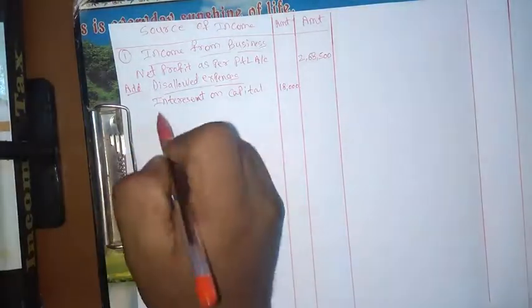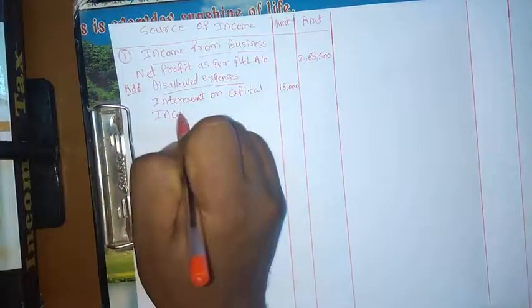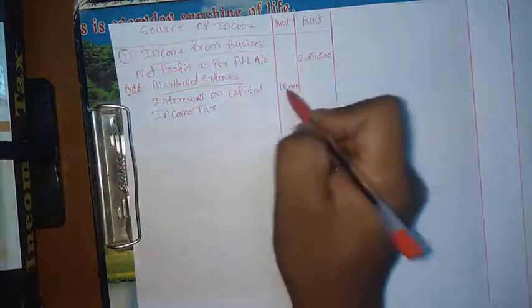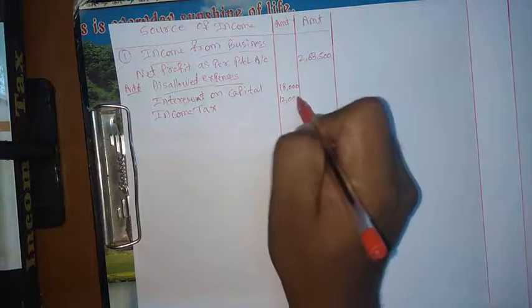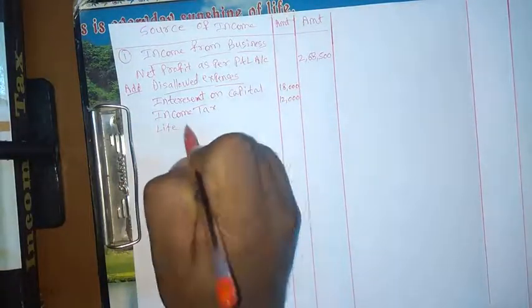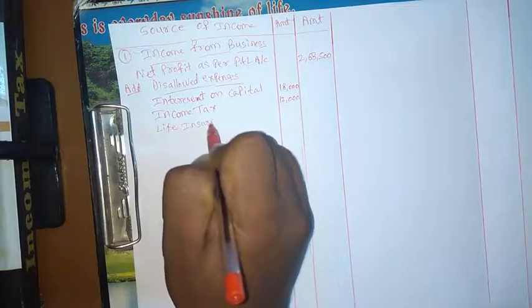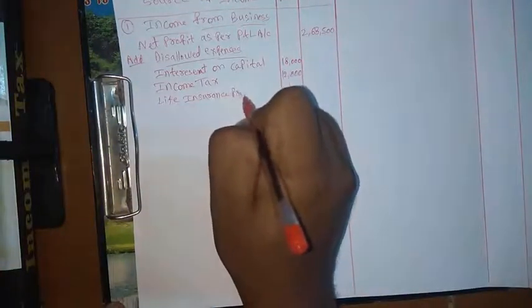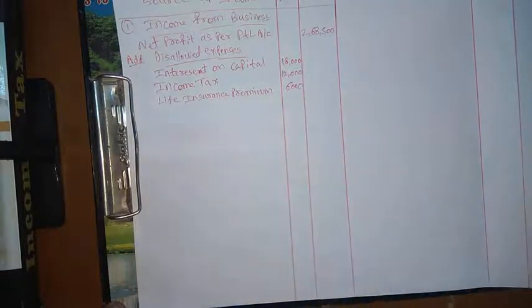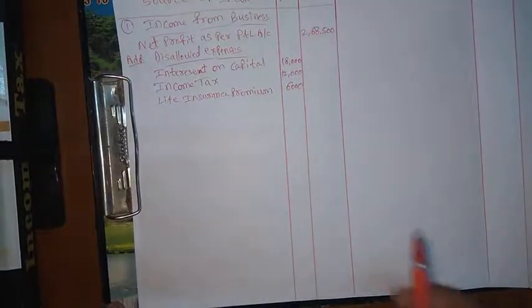Then income tax, 12,000 rupees. Then life insurance premium, that is 6,000 rupees.